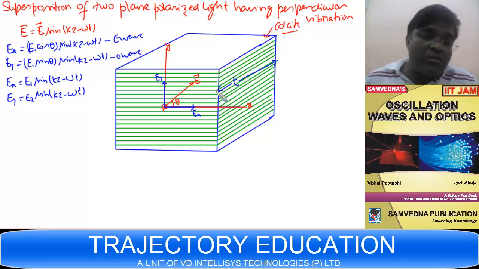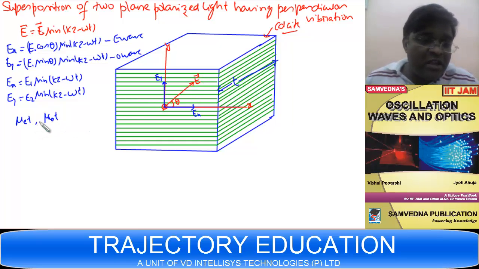Now, when they travel through the whole crystal, the optical path covered by the extraordinary wave is mu E t, and the optical path covered by the ordinary wave is mu O t.